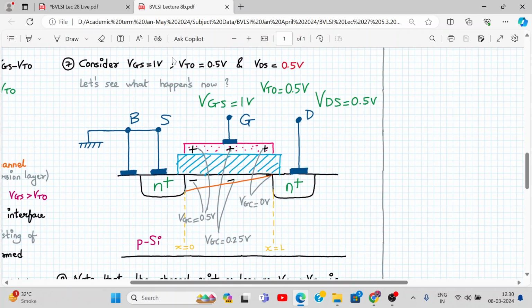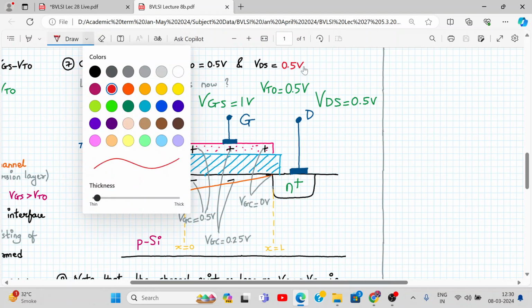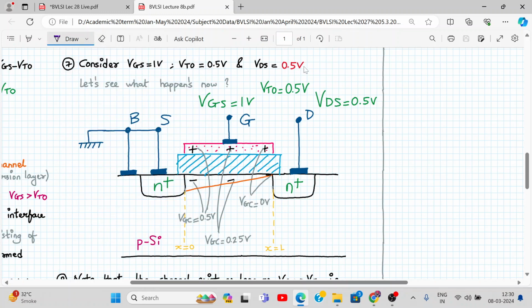Now here we have taken VGS as 1 volt, VTO is 0.5, VDS is 0.5. So now what will happen? Tell me. What is VGC at the drain end? 0.